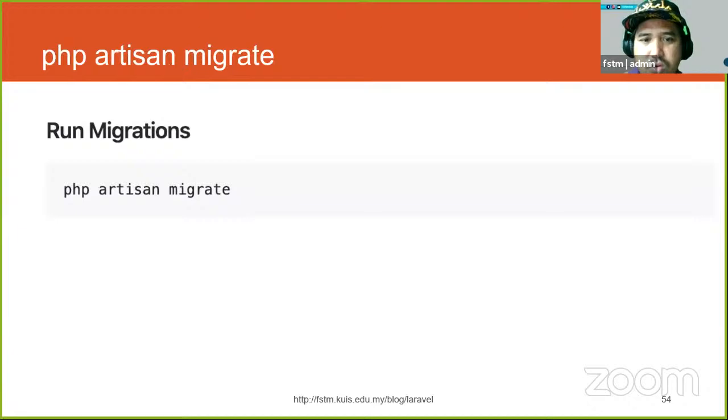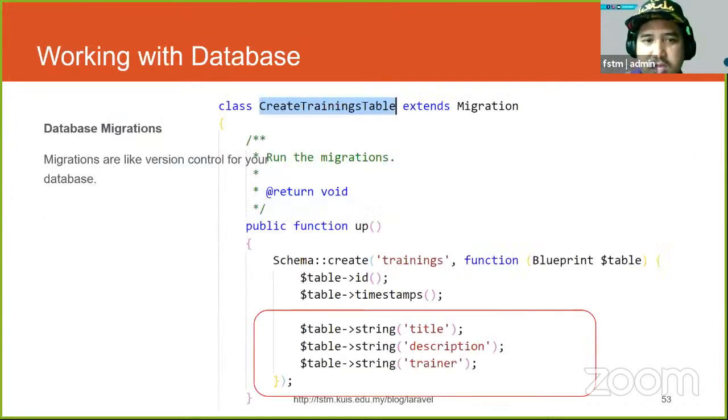Okay, so after that, we need to use php artisan migrate so that your table structure, this is only the table schema, the table scheme. This is the description, or what we call the specification, of the table trainings. It has not yet been implemented in your physical database.